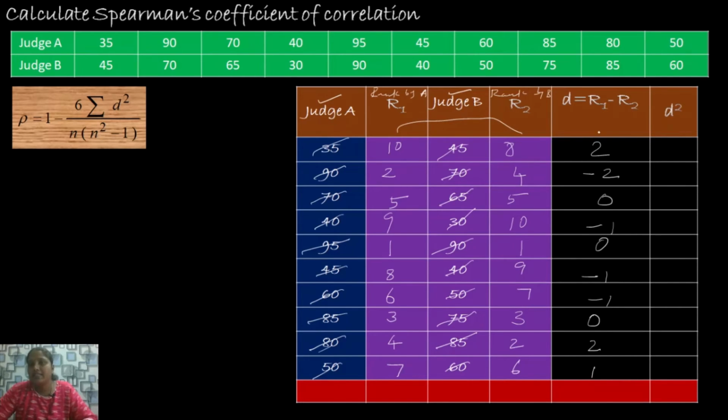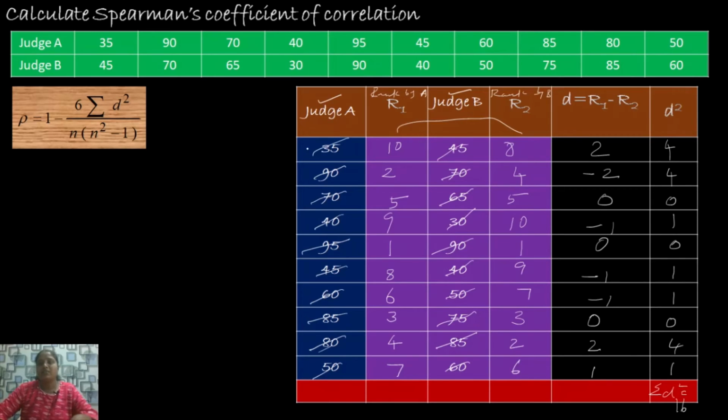We square the value of d, that is 2 square is 4, minus 2 square is plus 4, 0 square is 0, minus 1 square 1, 0 square 0, minus 1 square 1, again minus 1 square 1, 0 square 0, 2 square is 4, 1 square is 1. By adding all these values, we get the value of sigma d square: 4 plus 4, 8, plus 1, 9, plus 1, 10, 11, plus 4, 15, plus 1, 16.